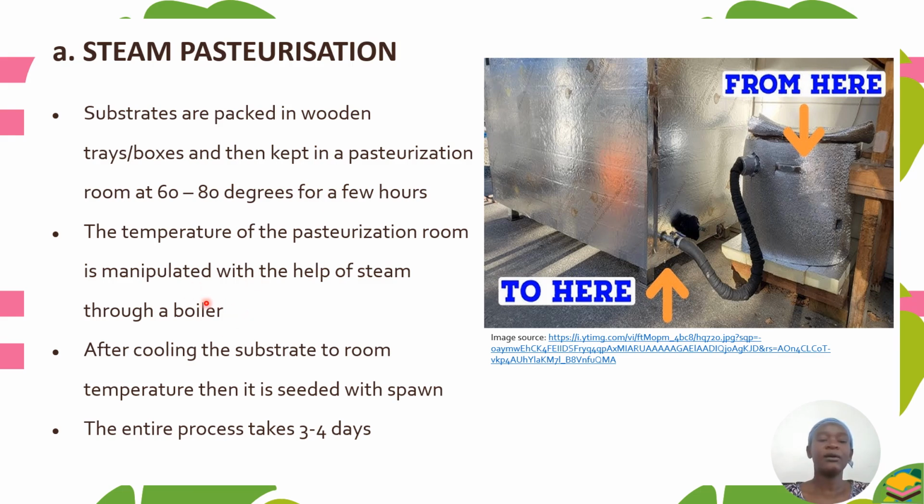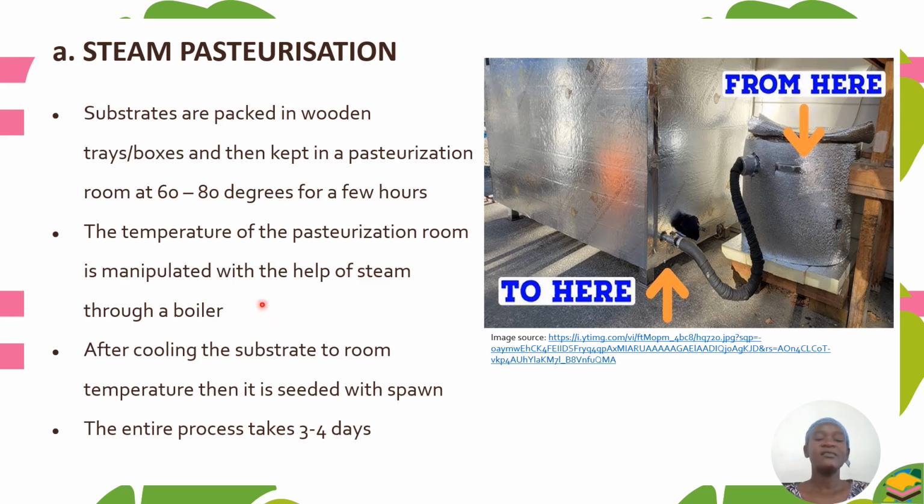Of course, I mentioned that you connect a metal pipe from a boiler to the house. So the steam will be coming from a boiler via the metal pipe into the house. Then the substrates will be pasteurized. After cooling the substrate to room temperature, it is seeded with spawn.